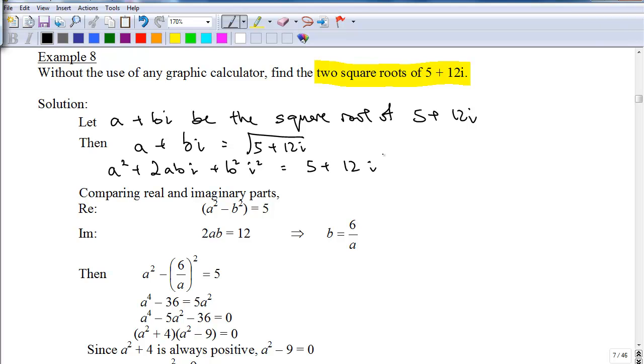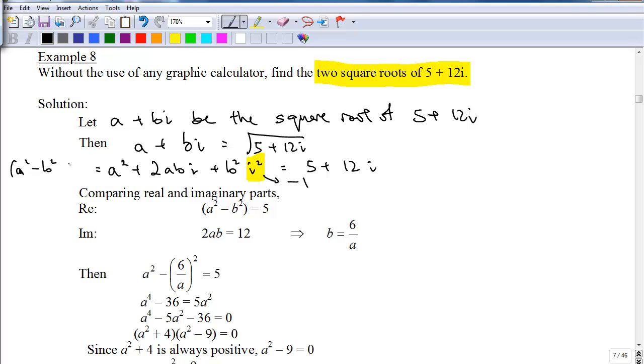If you look at the left hand side, you see b squared i squared. Now i squared is the same as minus 1. So if I group the real numbers together, I'll have a squared minus b squared.